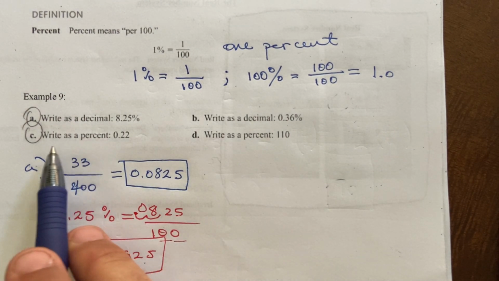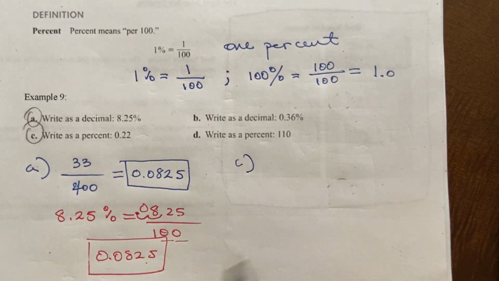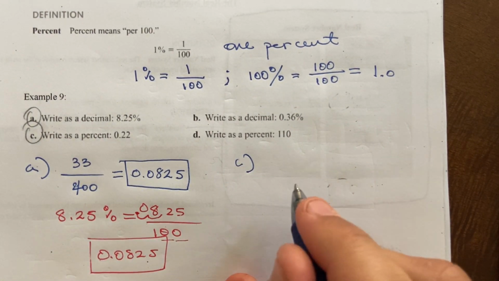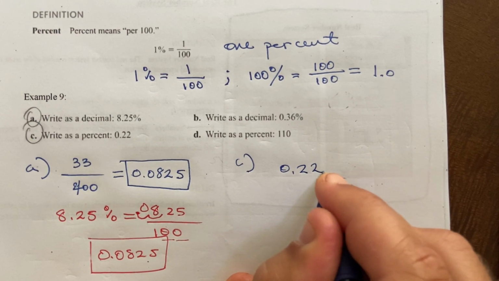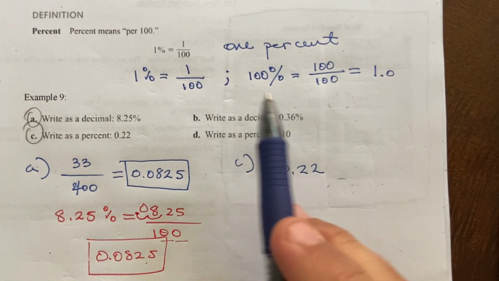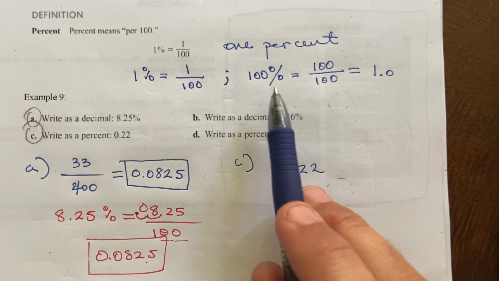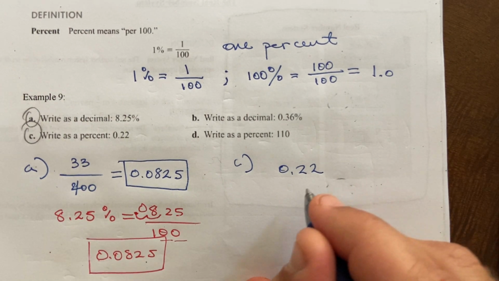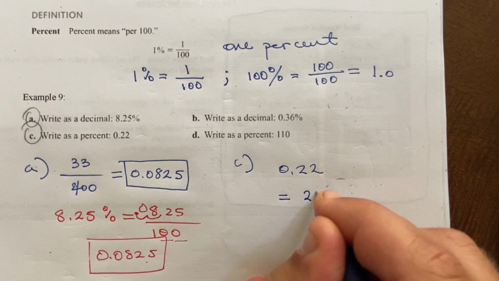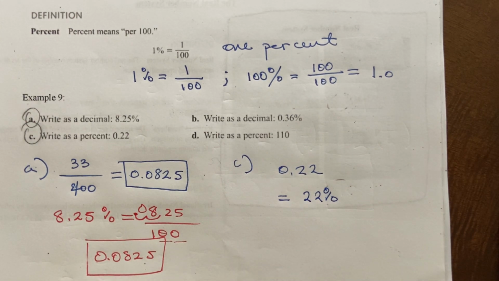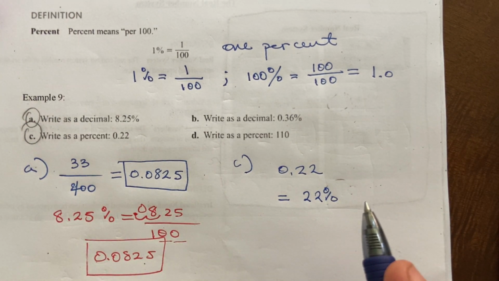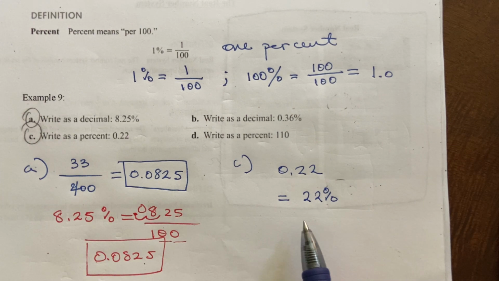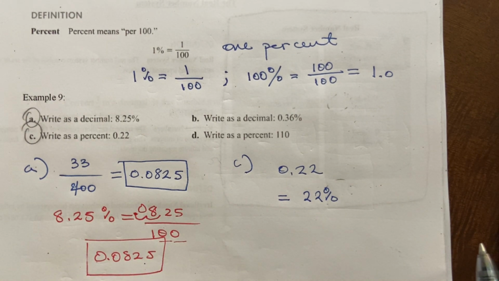Let's see, write as a percent. Maybe I'll do C and leave B and D for you. So write as a percent, so 0.22. So if 1.0 was 100%, then 0.22 would be 22%. So basically, when we're converting from percent to decimal, we divide by 100.